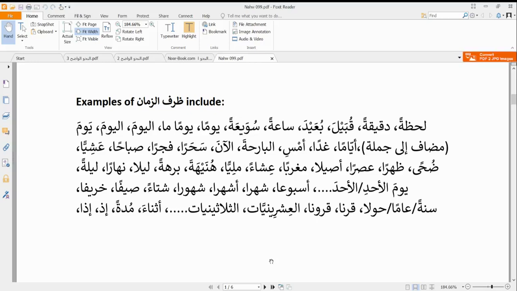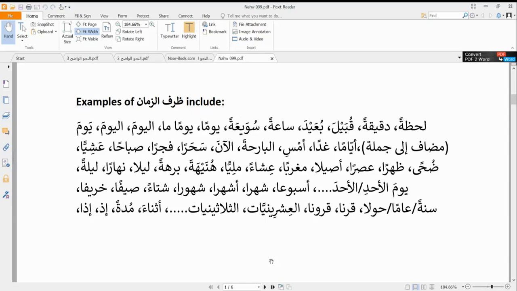Ghadan, which means tomorrow. Amsi, which means yesterday. Al-barihata, which means last night. Al-an, now. Saharan, the dawn time, that is the time of suhur. Fajran, dawn, which is the fajr time. Sabahan, in the morning. 'Ashiyyan, in the afternoon.